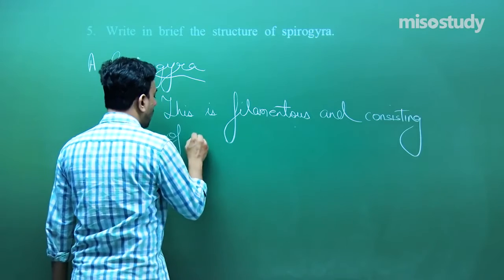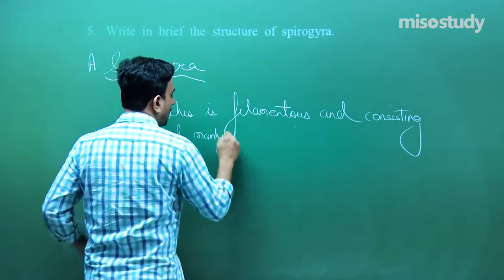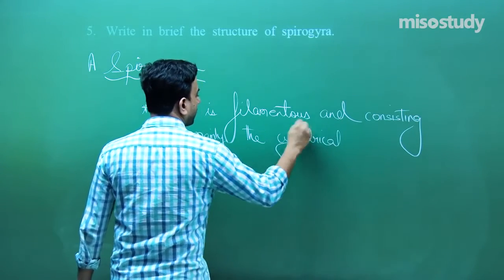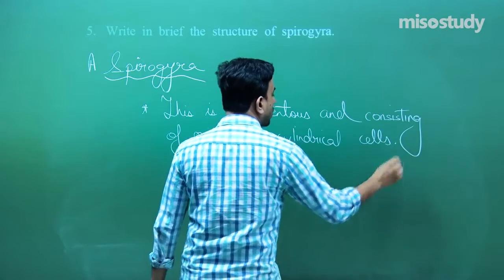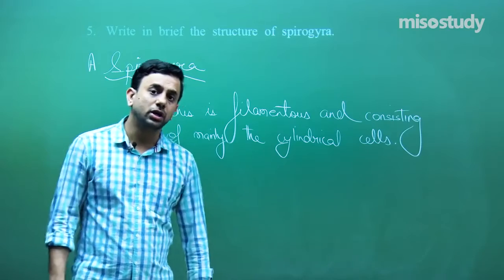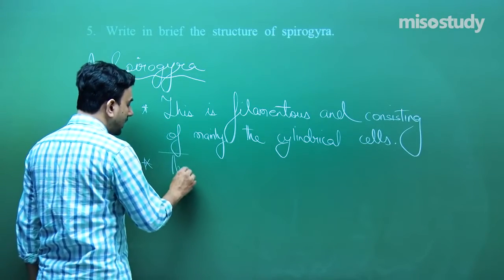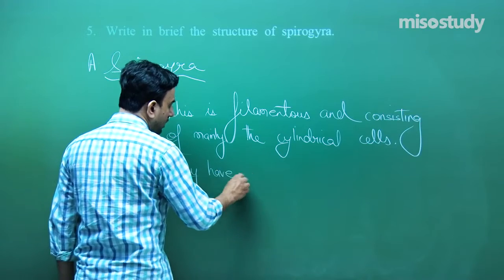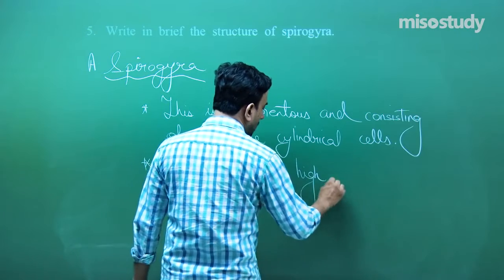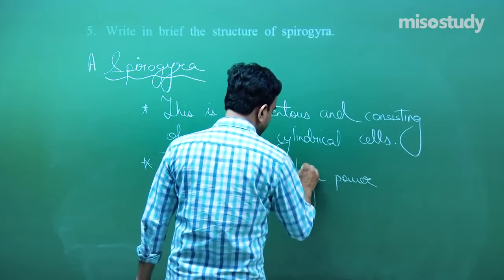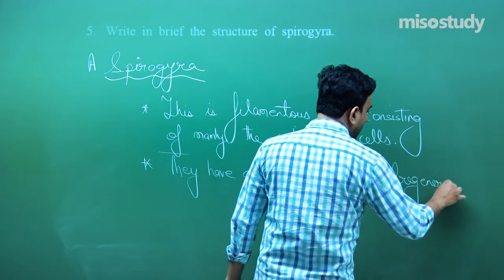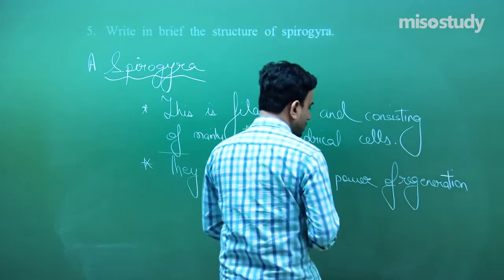It may be branched or unbranched, both, and Spirogyra have a very high power of regeneration.